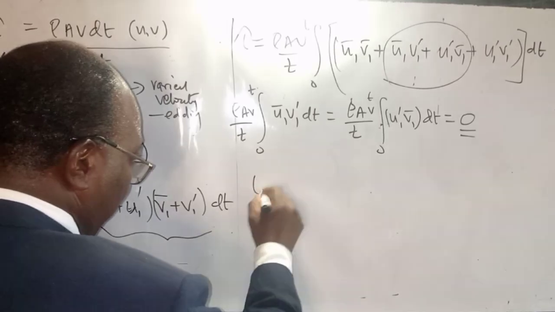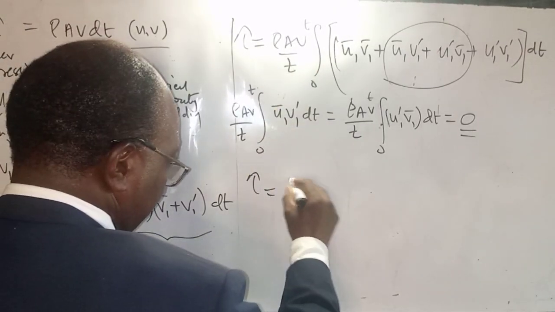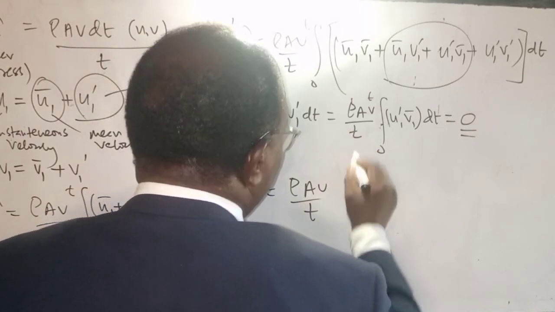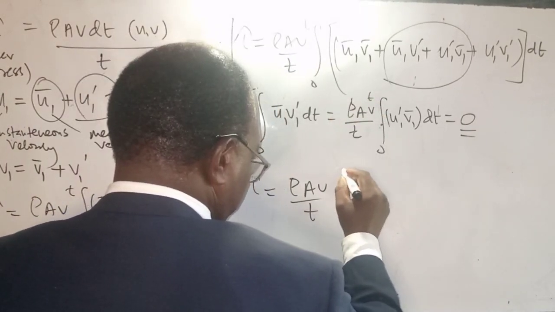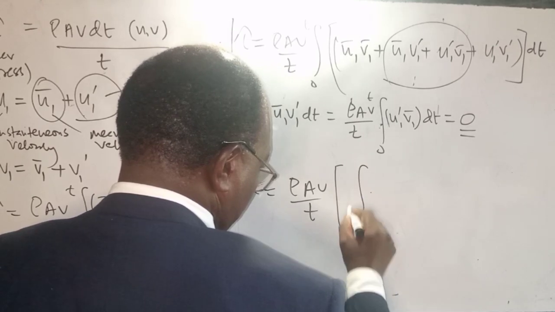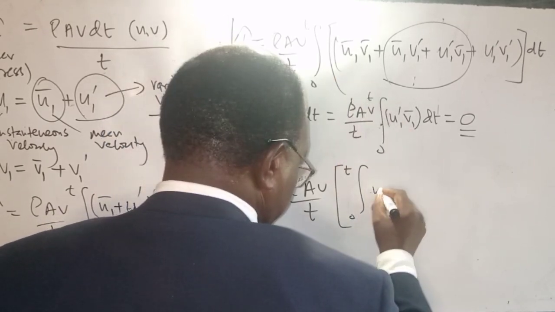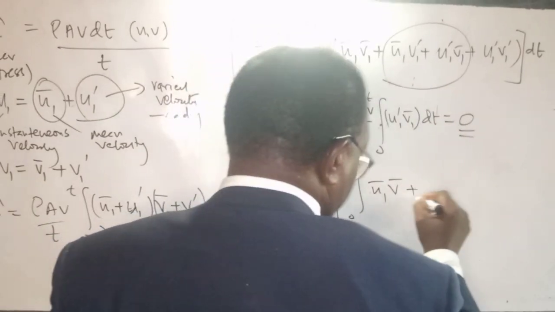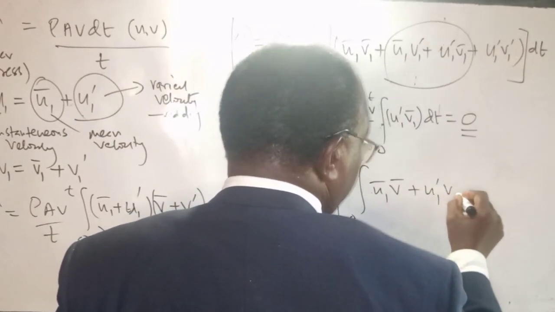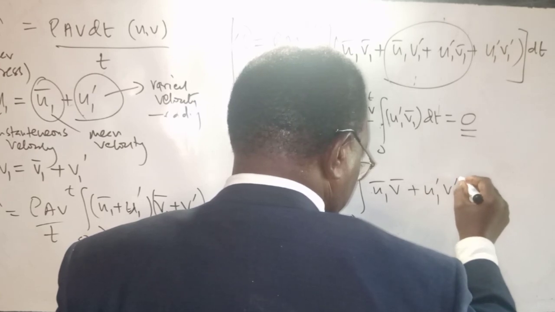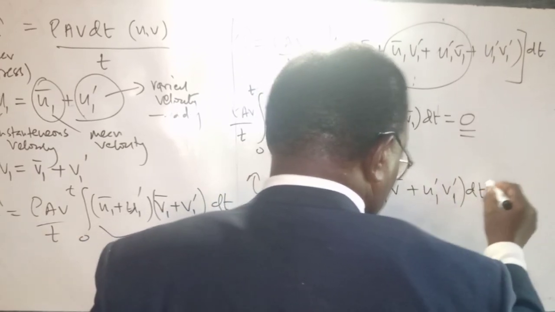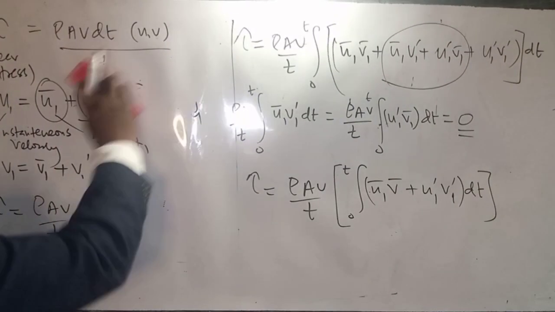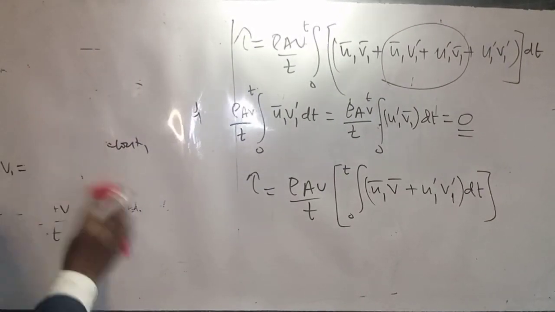So we are left with tau will be a v t, the integral to t of (u1 bar + u1 prime)(v1 bar + v1 prime) dt. So if you solve that, it's a very, very simple solution.